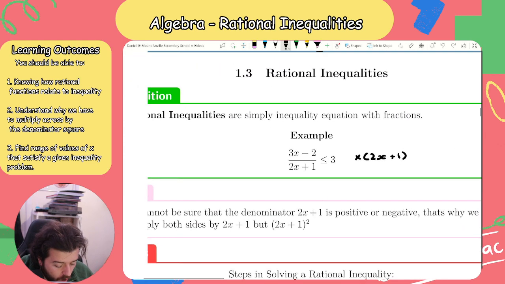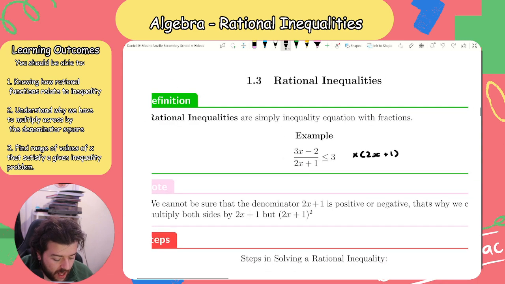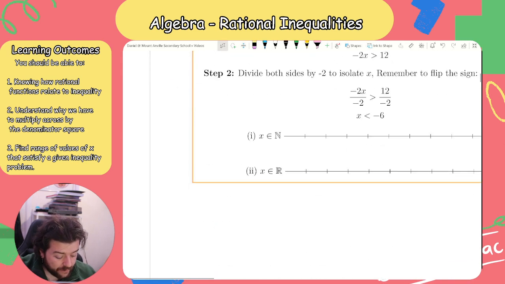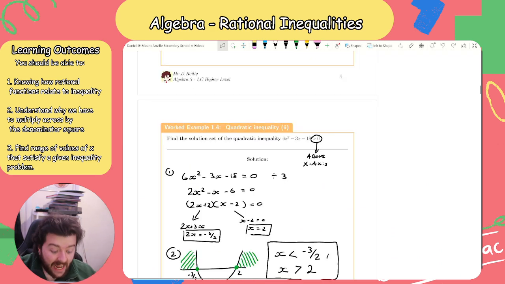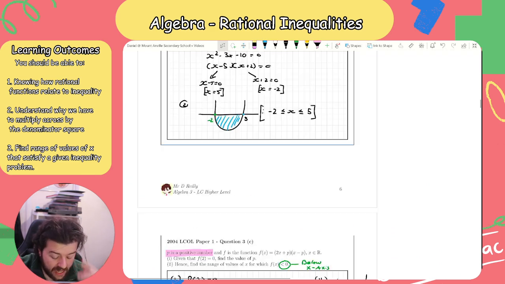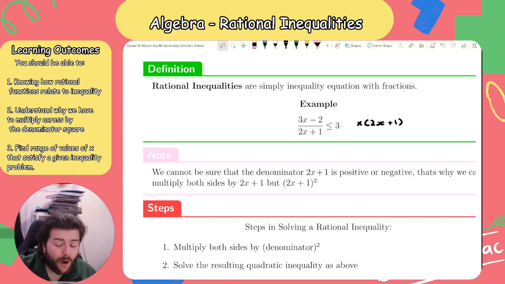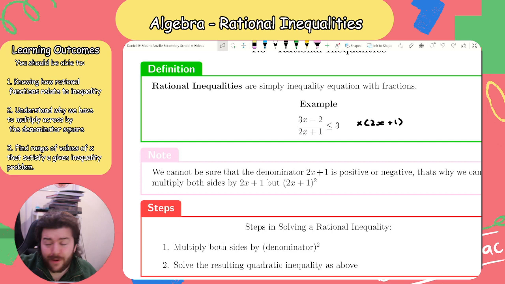For all I know, the value of x could make my denominator negative. In that case, if I multiplied across by the denominator, I would have to swap the sign. But I don't know until I solve it what the case is going to be.